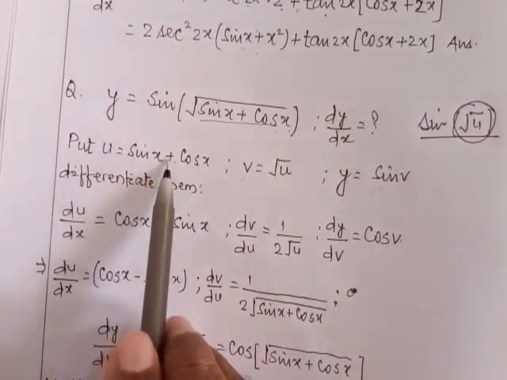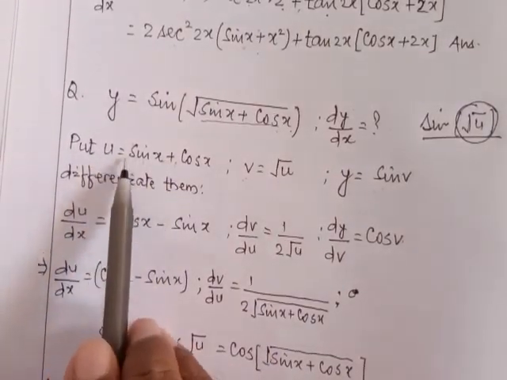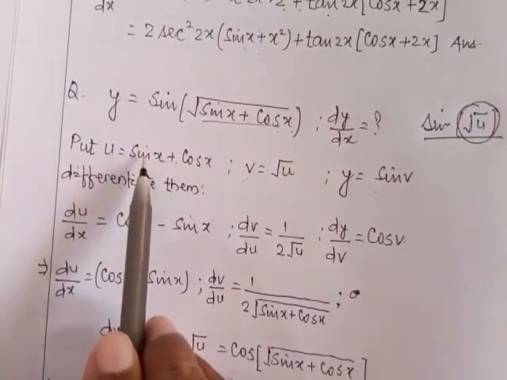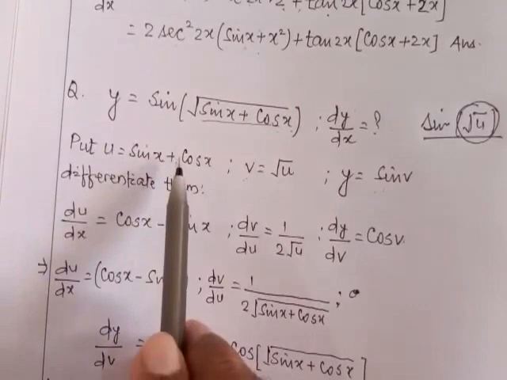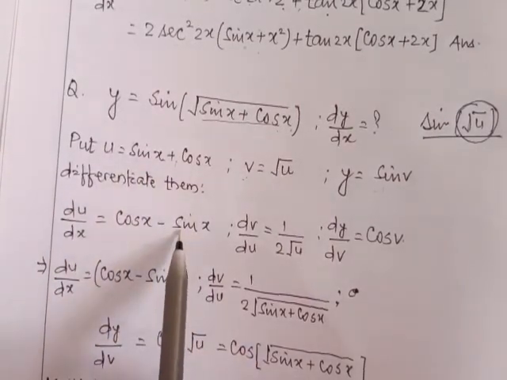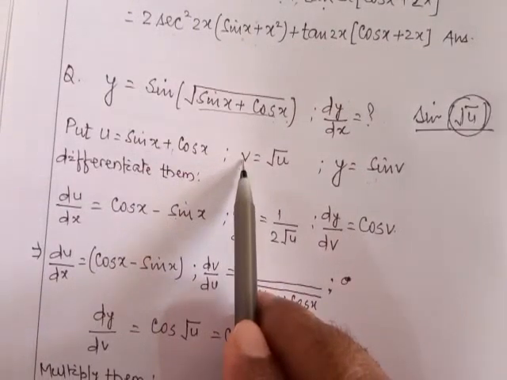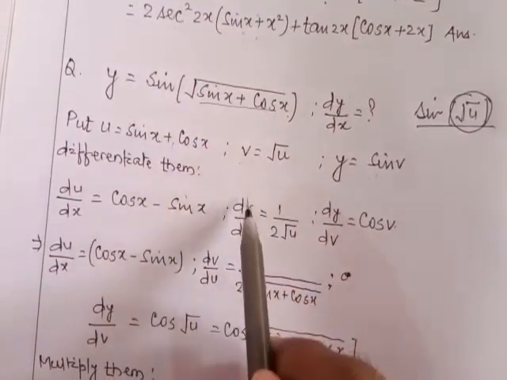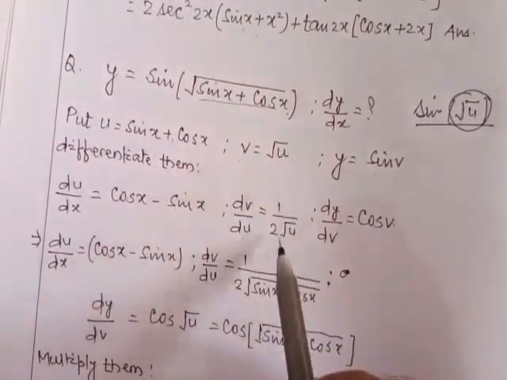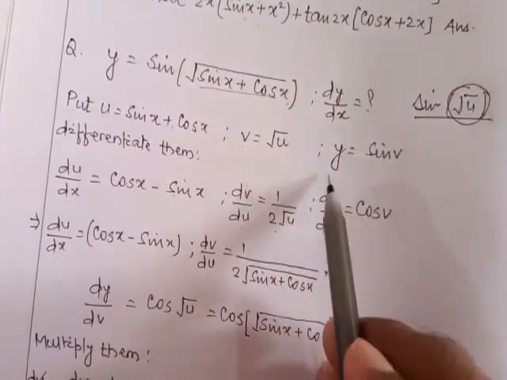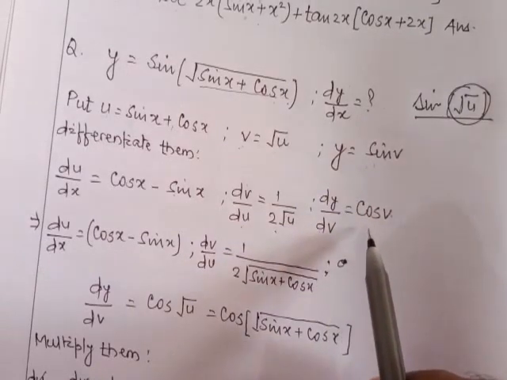Now differentiate them accordingly by their function. This is a function of u and x, so differentiate u with respect to x. So du by dx: differentiation of sin x is cos x and of cos x is minus sin x. And this is a function of v and u, so dv by du is 1 by 2 root u. And this is a function of y and v, so dy by dv is equal to cos v.